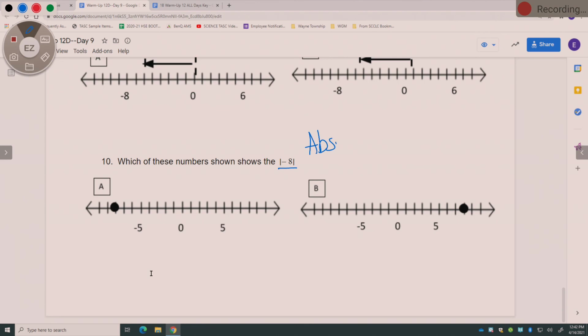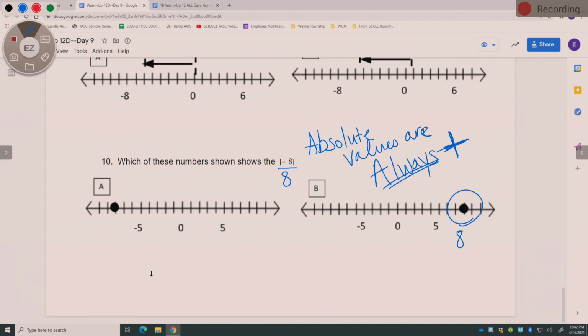Absolute values are always positive. Always, always, always. So the absolute value of -8 is 8. It's the same numeral, the same number, but the positive sign. So it will be right here, which is 8.